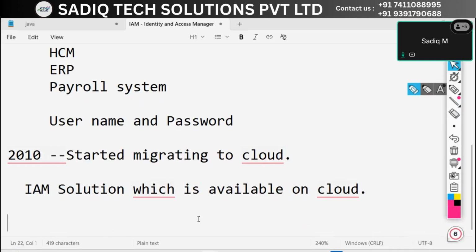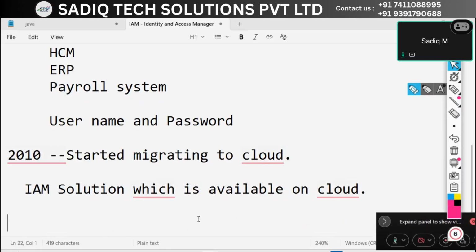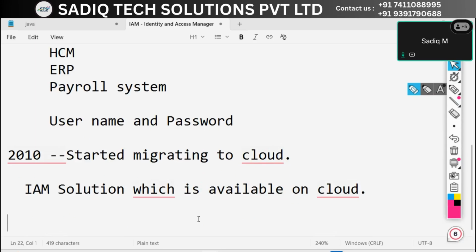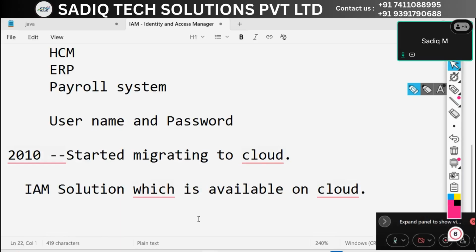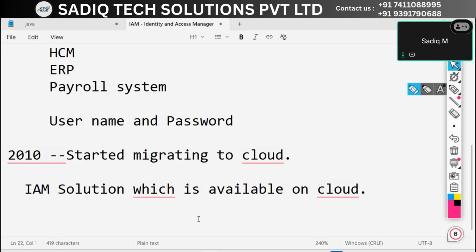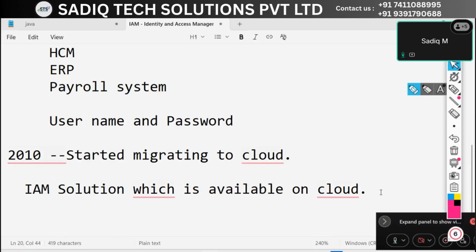Before that, everything was on-premises only, but now they want the IAM solution also on the cloud environment. So that time only they started implementing different IAM tools to implement IAM solutions.